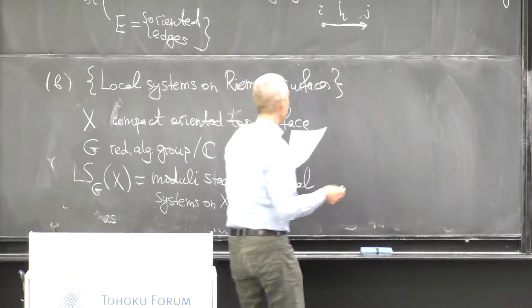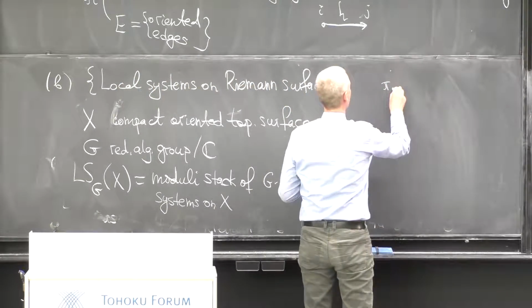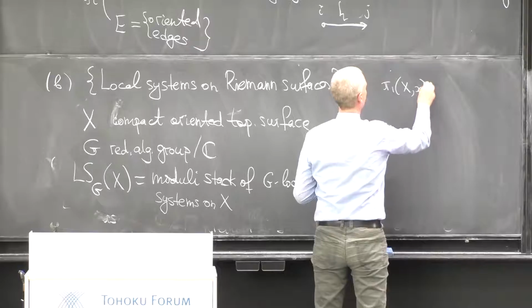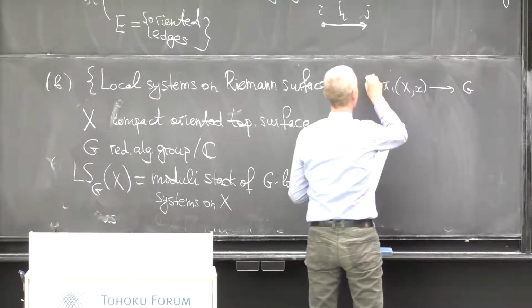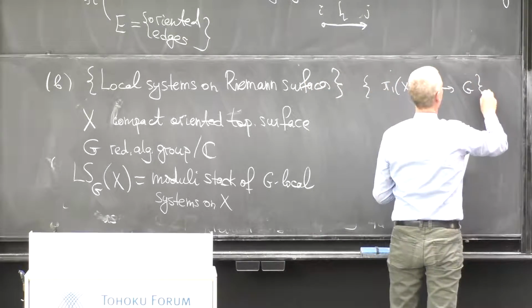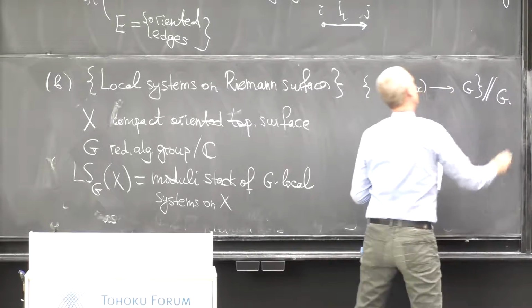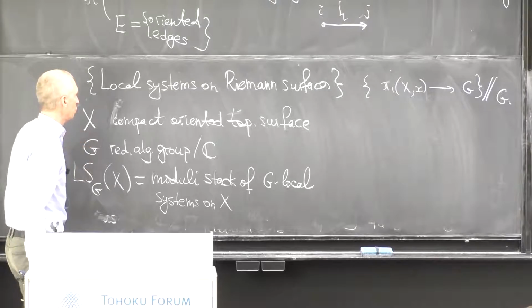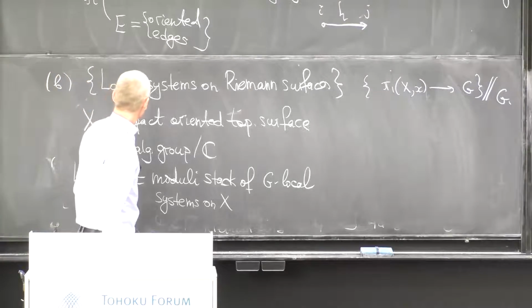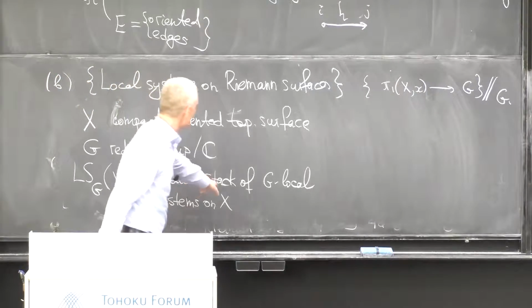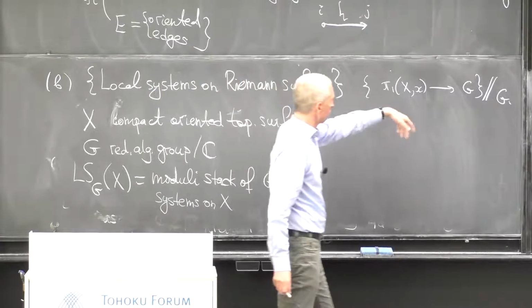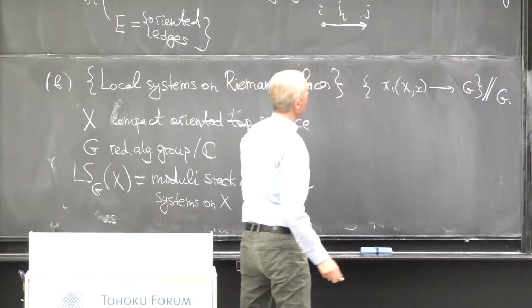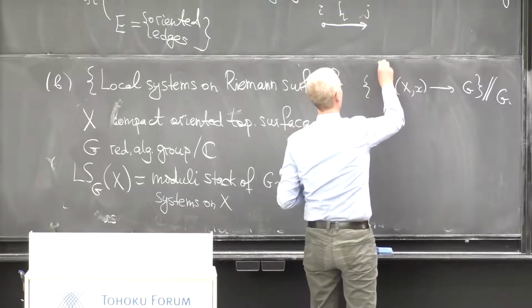One can say naively that we consider just representations of the fundamental group into G, and take the quotient by conjugation. So again, even in this situation, there are several ways of looking at it. Strictly speaking, it is a stack because of the quotient by the group, and also because this group has a relation.